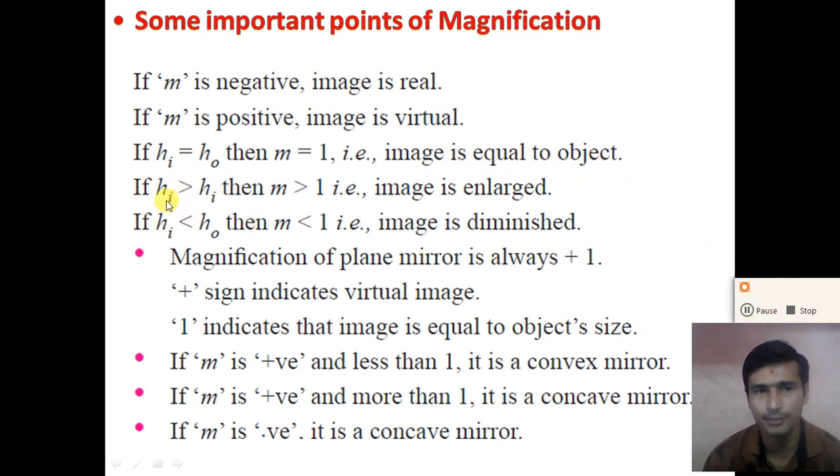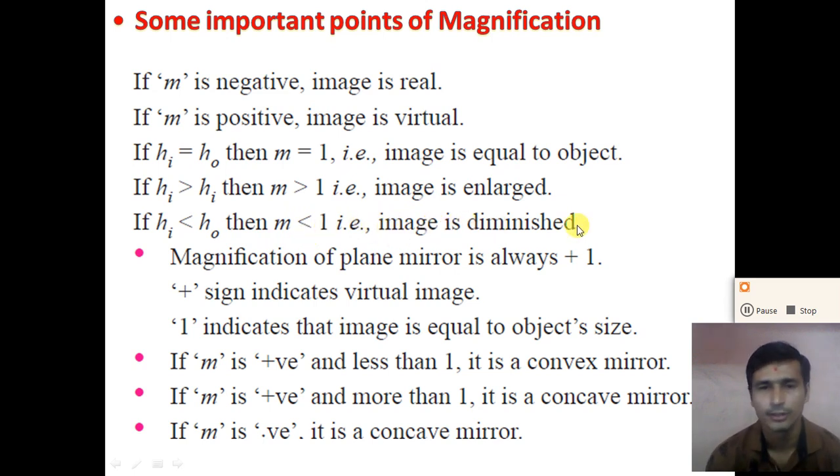But if the height of the image is greater than the height of the object, the magnification m is greater than 1. So if the value of magnification is greater than 1, we can say that the image is larger than the object, right? And if the value of magnification is less than 1, we can say that the image is diminished.